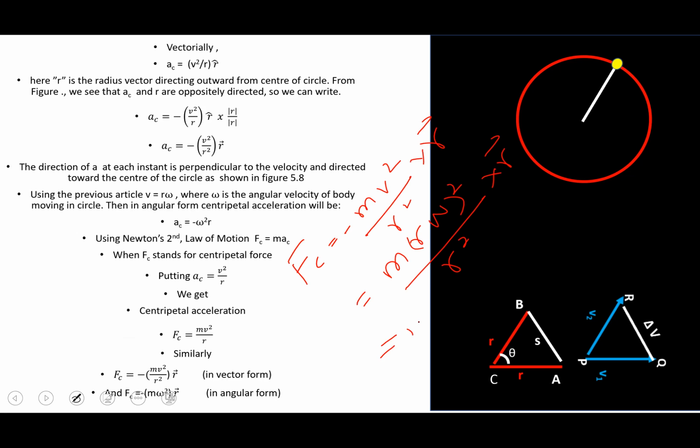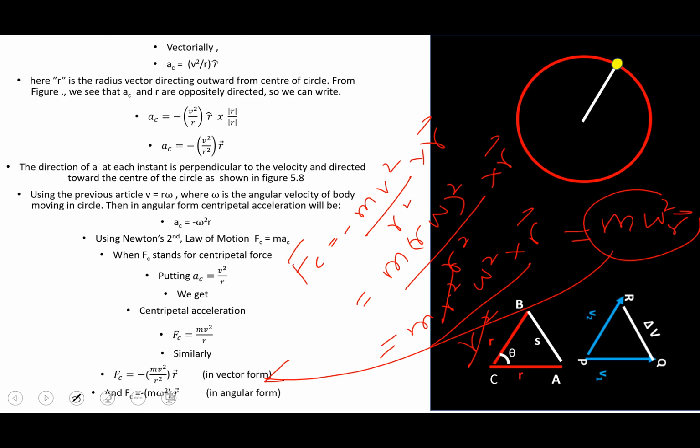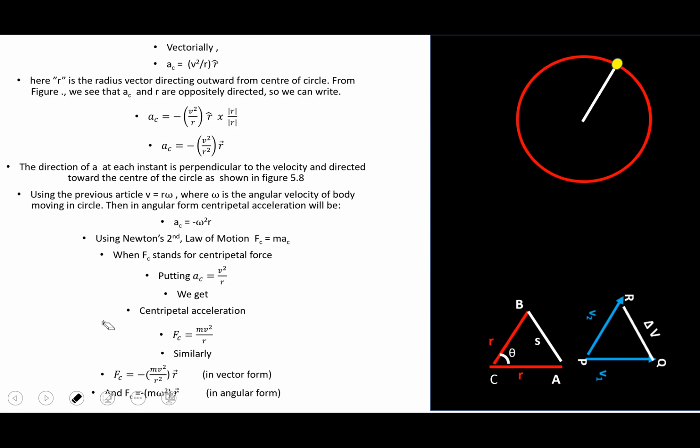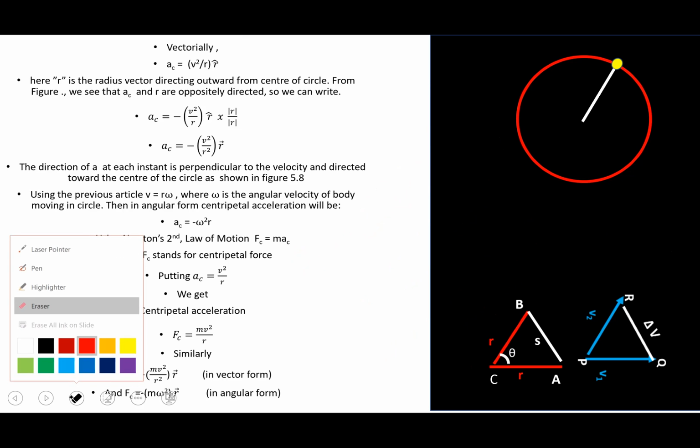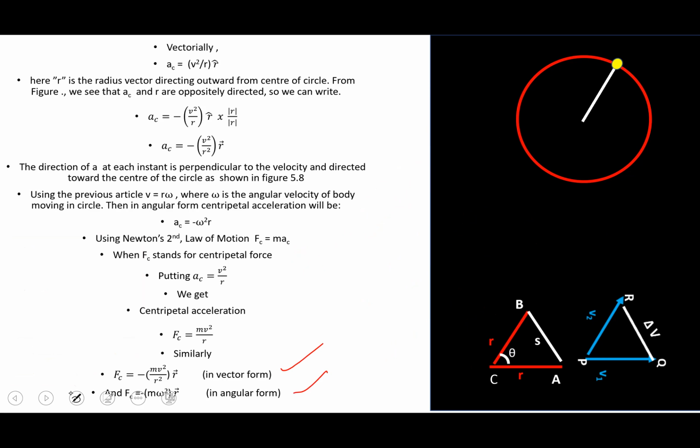Here we can say m r square omega square into r divided by r square. This r square and this r square cancel out, and what we have left behind now is a simple formula: m omega square into r vector, and this is what we have used over here in the angular form. Now let us clear this out so there's no confusion. So we have the centripetal force in a vector form as well as in angular form now.